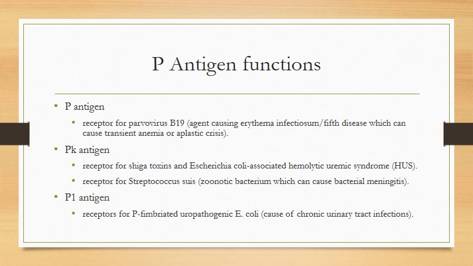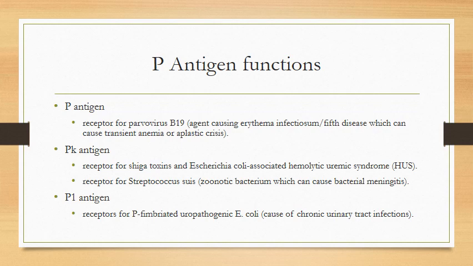For PK antigens, they can be the receptor for Shiga toxins, and the E. coli associated hemolytic uremic syndrome, or HUS. The PK antigen also is the receptor for Streptococcus suis, which can cause bacterial meningitis, because it is a bacterial infection receptor.